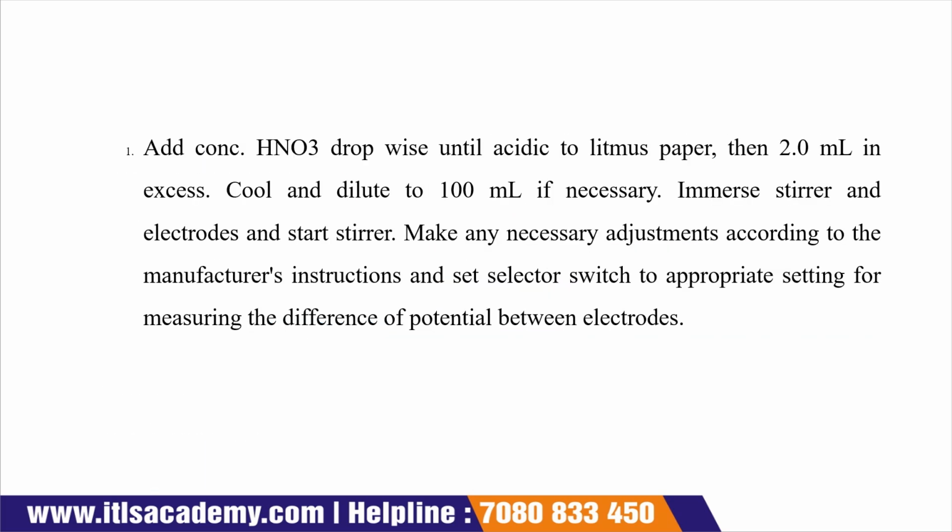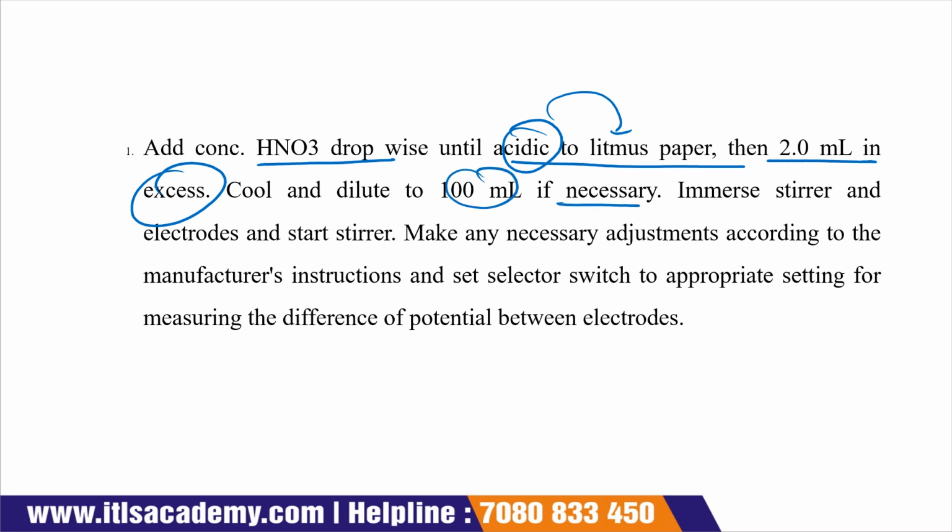Now add concentrated HNO3 dropwise until acidic to litmus paper. Then add 2 ml in excess. Now cool and dilute to 100 ml if necessary.